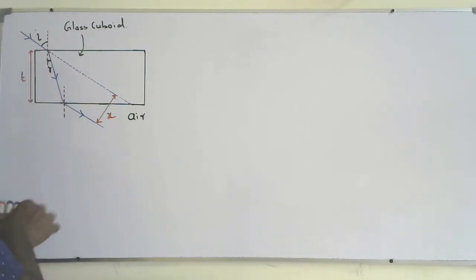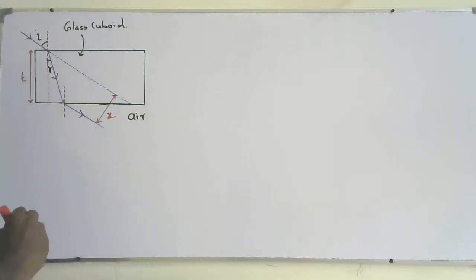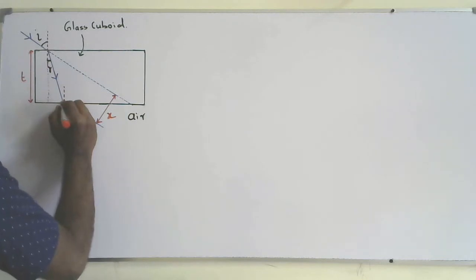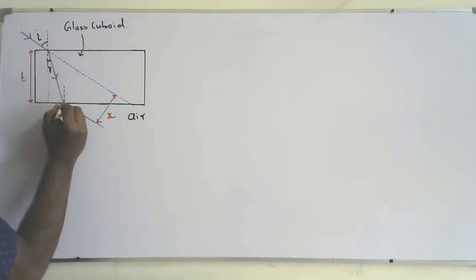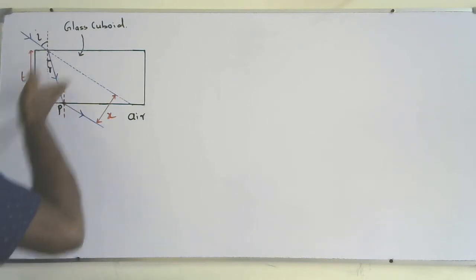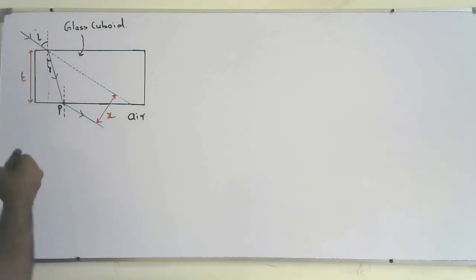Okay, so I'll extend this line further and it touches the bottom edge of the glass cuboid. This is the lateral deflection X. I'll draw a line parallel to this one from this point. I can name this point P. From P, I'm going to draw a line perpendicular to the initial direction of the light ray.